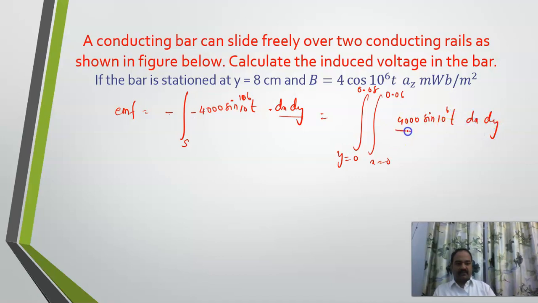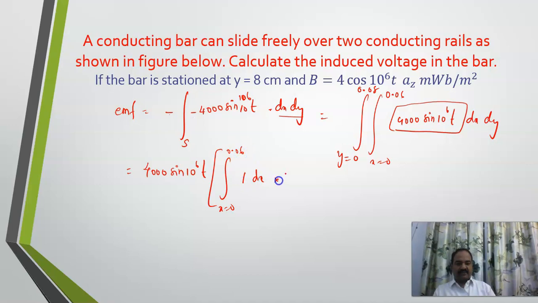See, there is no term in terms of x and also y, so I'll separate this easily. From x equal to 0 to 0.06, there is no term, so I'll take it as dx, and the y term is also not there, so I'll separate it now. So for integration of 1 I'll get x, and for integration of 1 I'll get y.